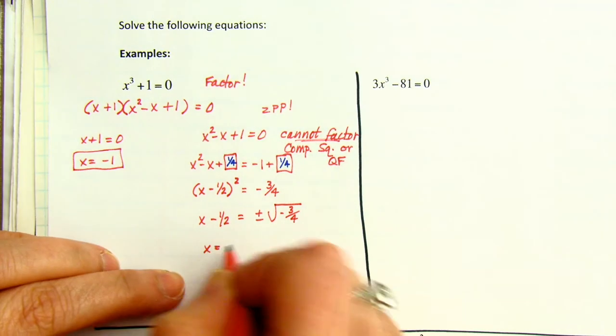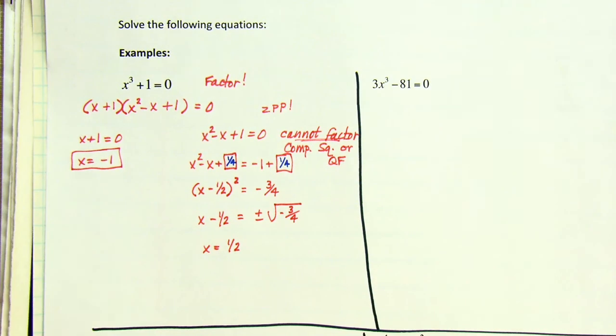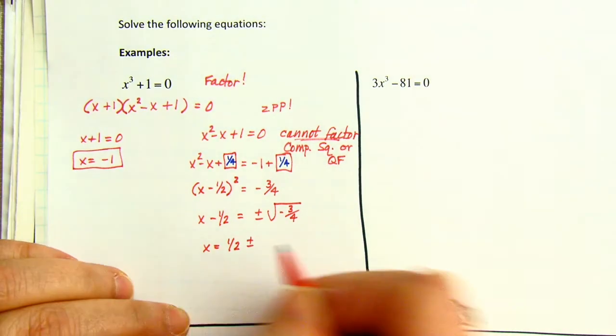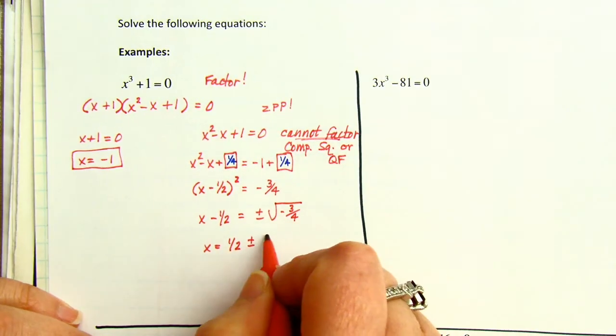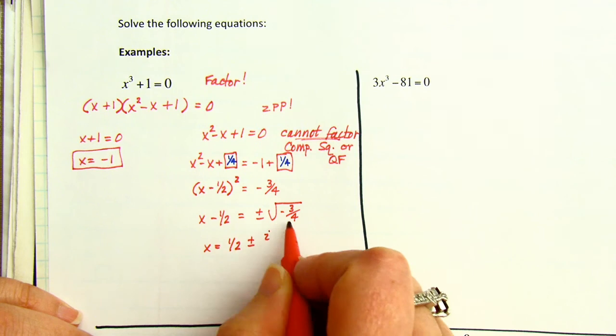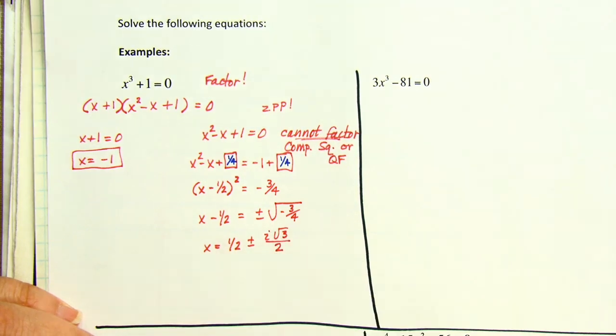X equals, I'm going to take the half over, always goes in the front, plus or minus. I'm going to take the i out, it stays in the top, root 3 over root 4, but root 4 is 2.